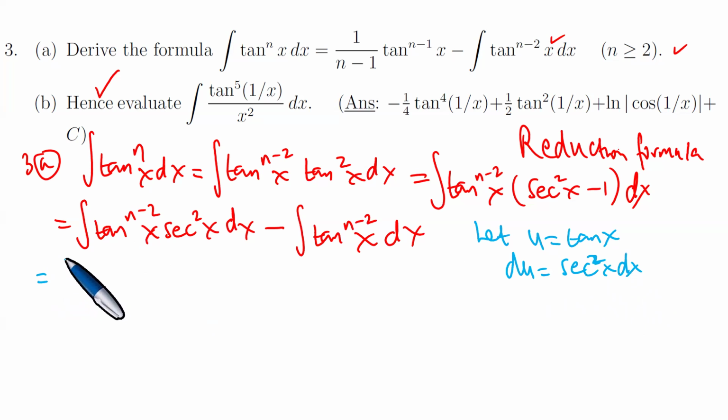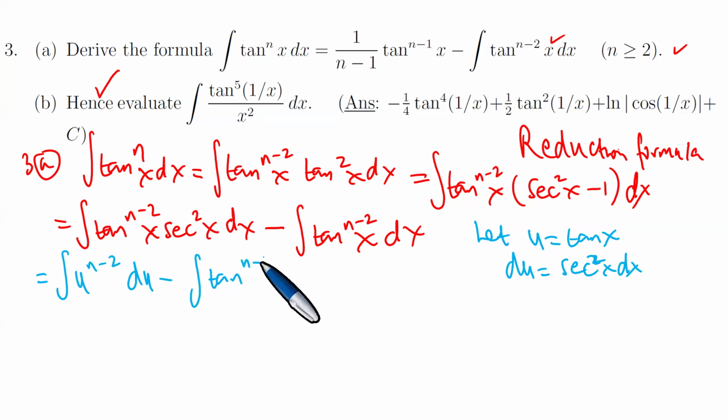Then you have u to the power n minus 2, and secant squared x dx is du, minus the integral of tangent n minus 2 x dx.